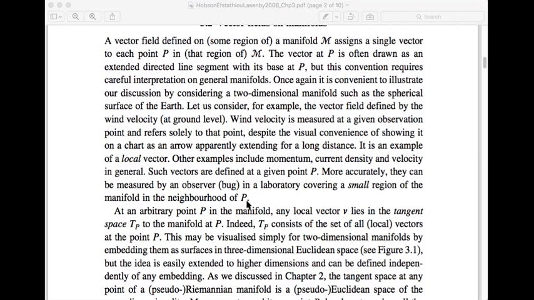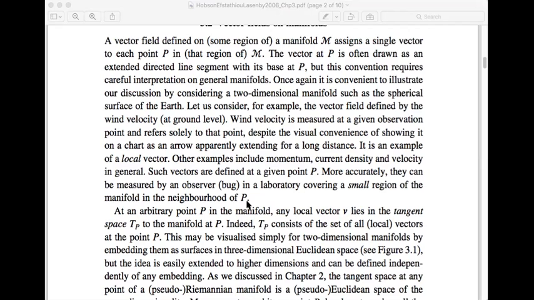Remember, when you have a vector space, you're allowed, by definition, to take linear combinations of any vectors in that vector space, and that gives you a new vector in the vector space.